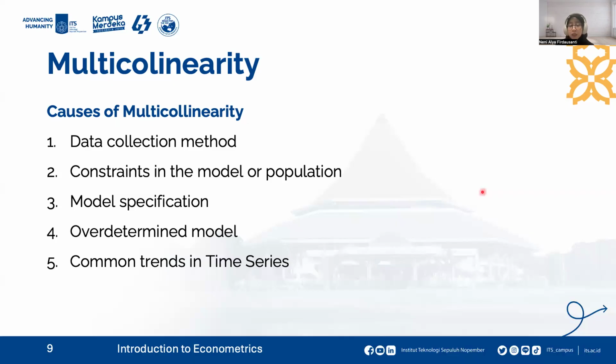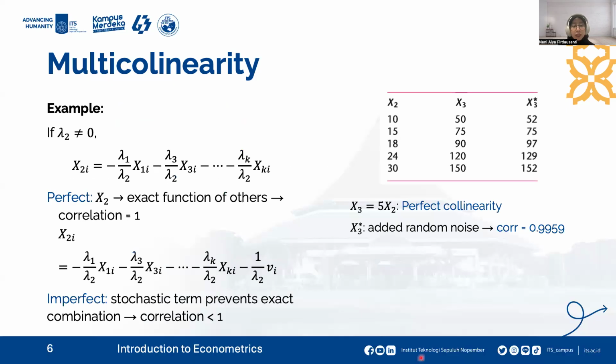In that case, it will obviously have a correlation, or any other variable that is functionally related. Like the previous example, when we say x3 equals 5x2, which means that x3 is functionally correlated with x2.